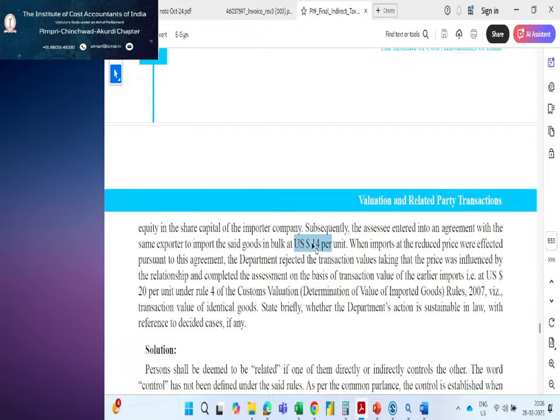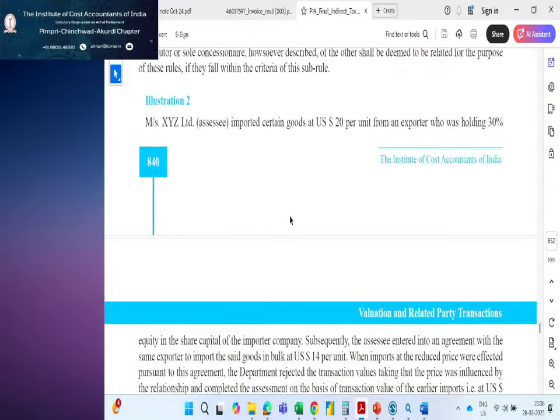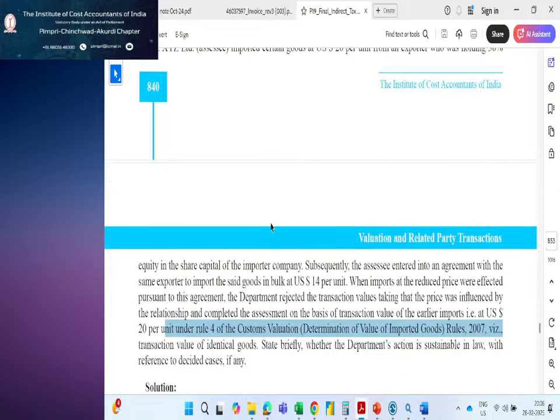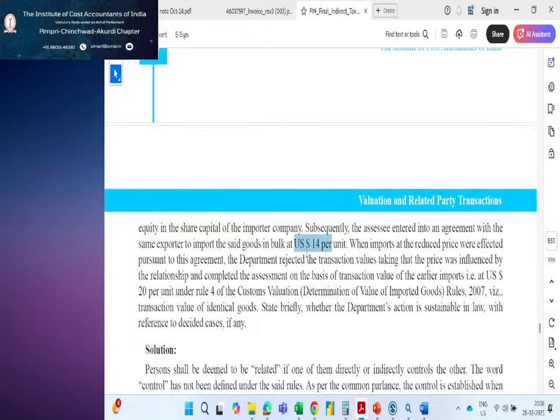Now the shipment has started, and the department calculated the value based on the $20. They have said that because of the related party you have reduced that amount from 20 to 14, but I have to make payment on the $20 and not on $14.